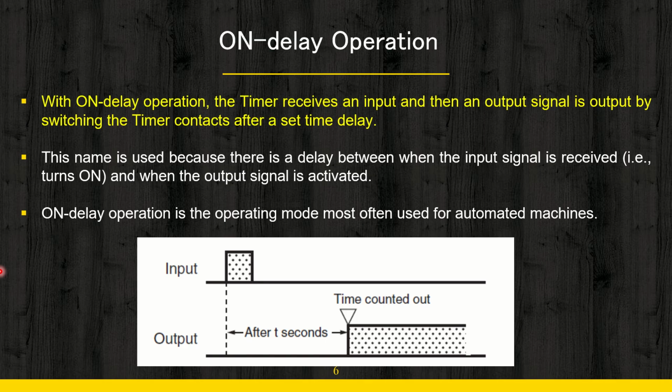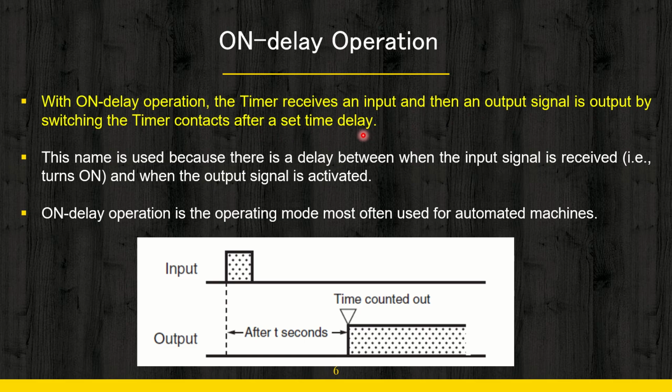Let us first discuss on delay operation. You see that in case of an on delay operation, the timer first receives an input and then there is the generation of the output signal. With on delay operation, the timer receives an input and then an output signal is output by switching the timer contacts after a set time delay.